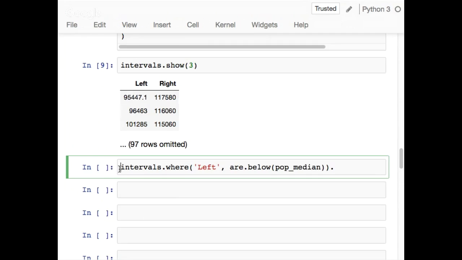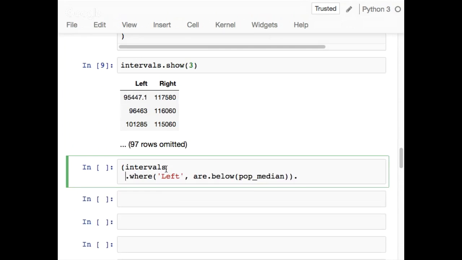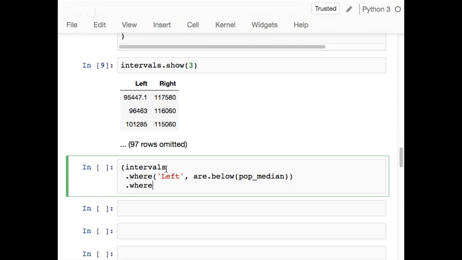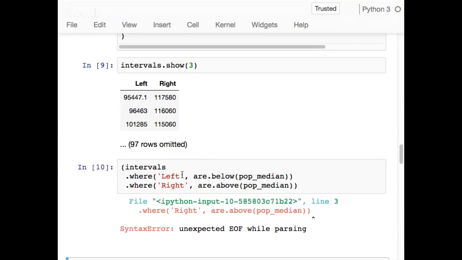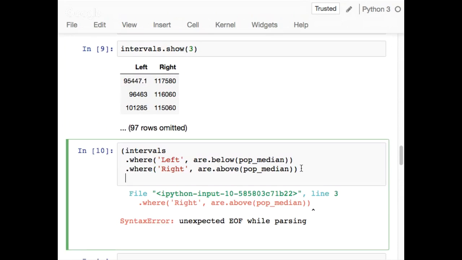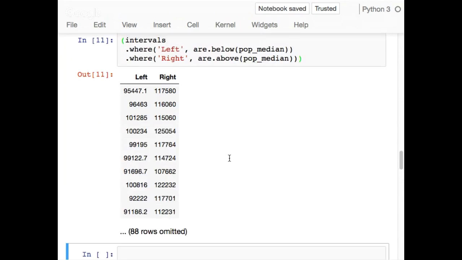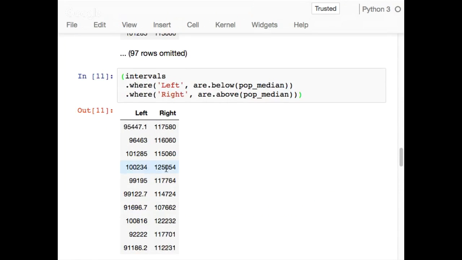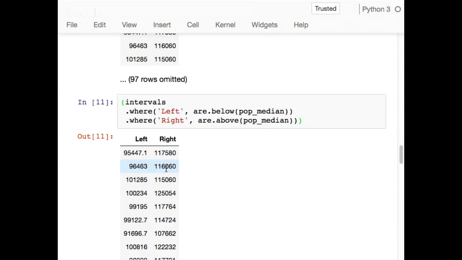So I'm going to do that. Okay, so do that, where right bound is above the population median. Okay, so I have here, oops, forgot a parenthesis. There. So I have here a table containing only the rows where my interval contains the population median.